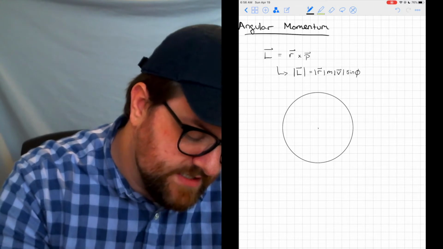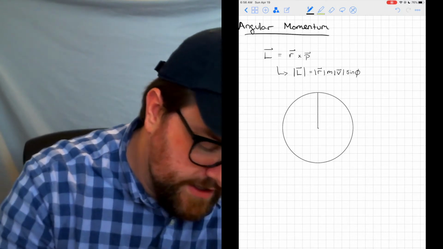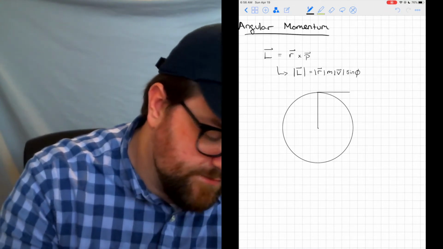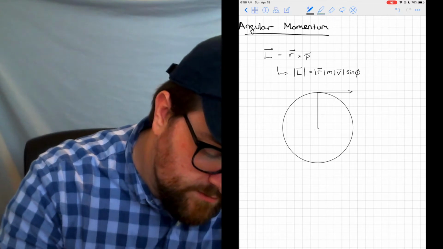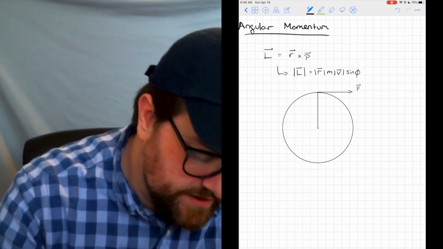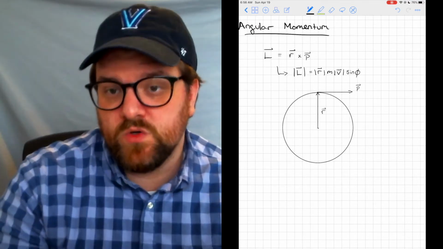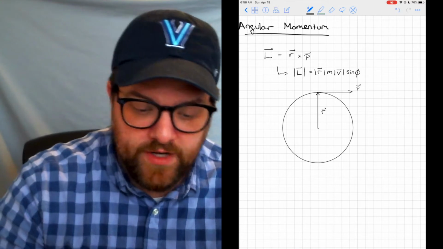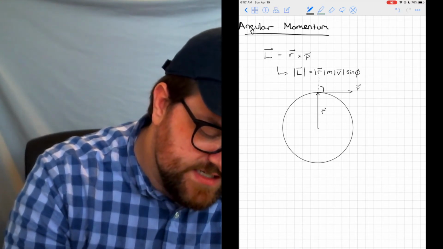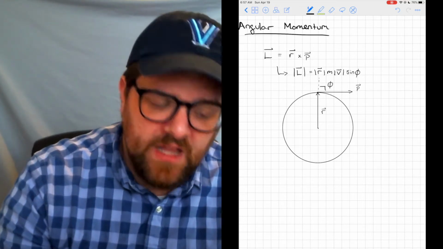I have my r here, and I'm going to come in with some p. My p is going to be tangent to my circle here. I have some r distance from the center of the circle, my pivot point. This is our phi angle.